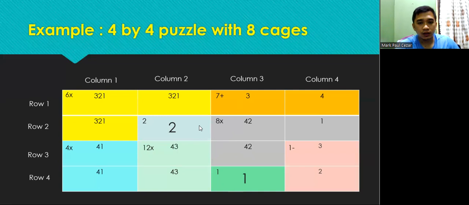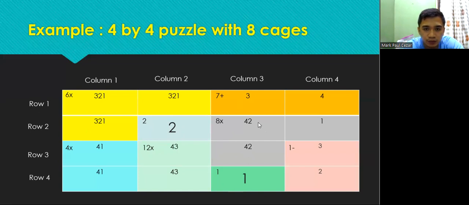Pag naglagay ako ng 2 dito, mabe-break na yung rule. I will be breaking the rule if I put 2 here because we already have 2 in this row. So if I'm going to put 2 here, I will be breaking it. So error, hindi natin na-solve yung puzzle. We will not be solving the puzzle correctly.